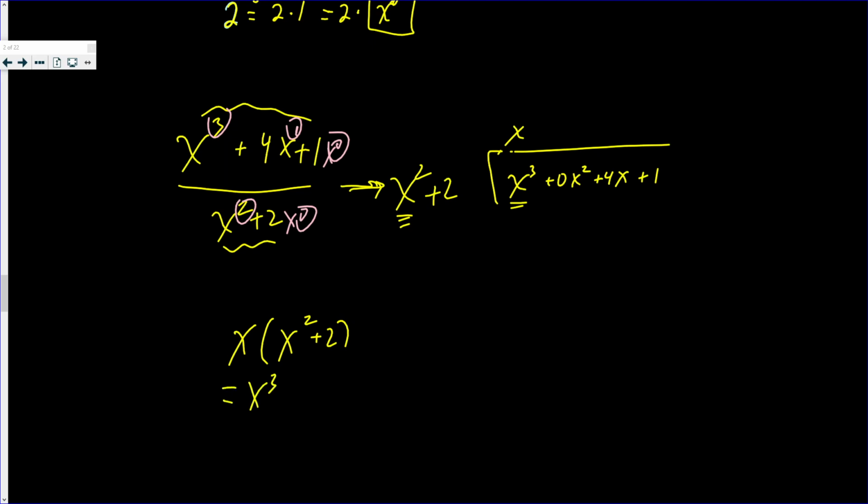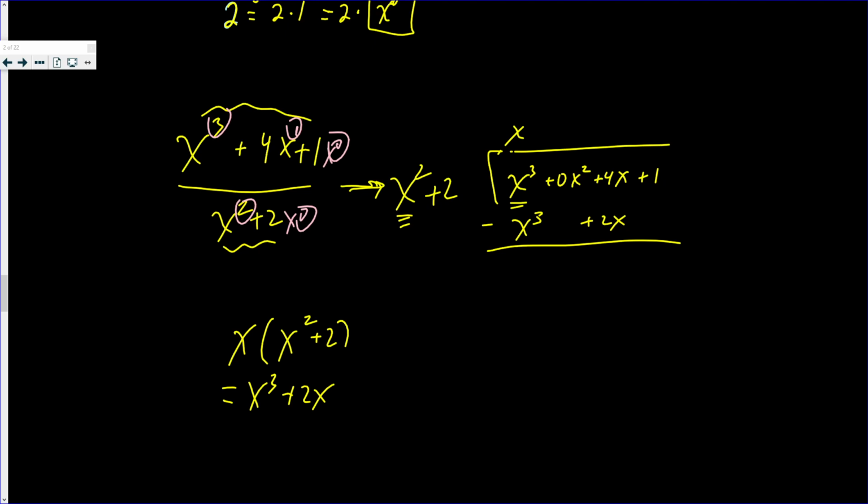We get x cubed plus 2x, and we subtract. In this case, my luck is that you didn't have to put in the x squared.